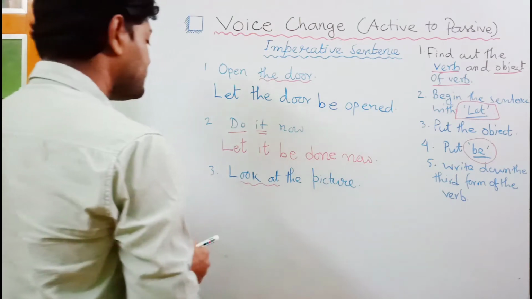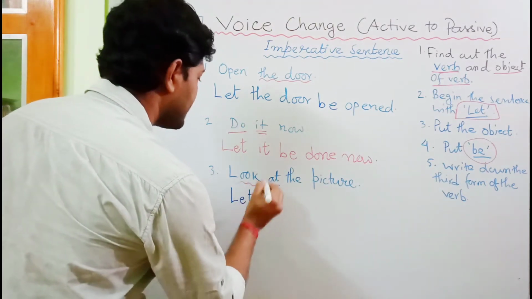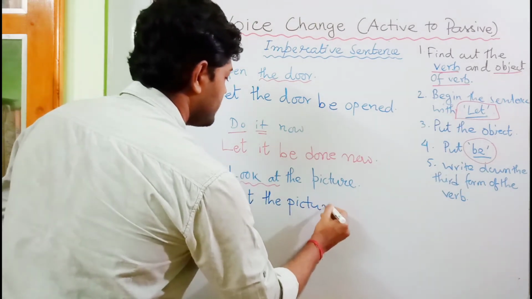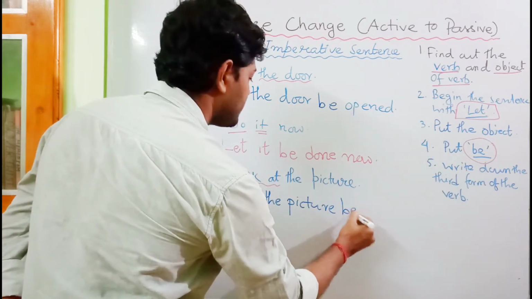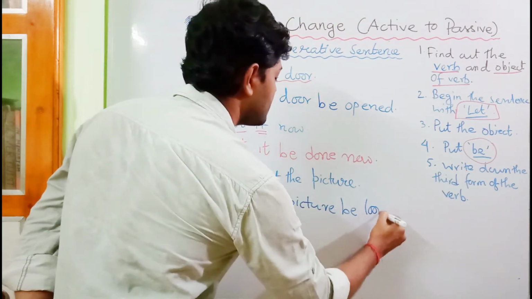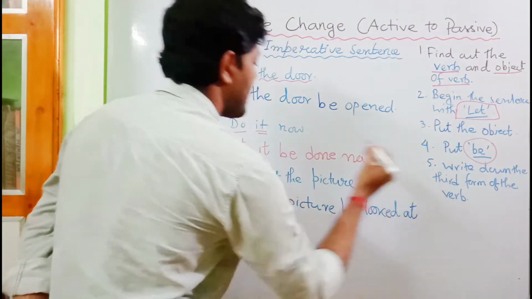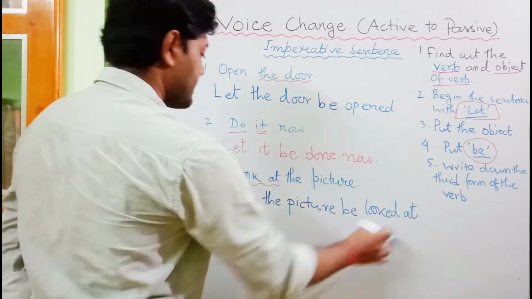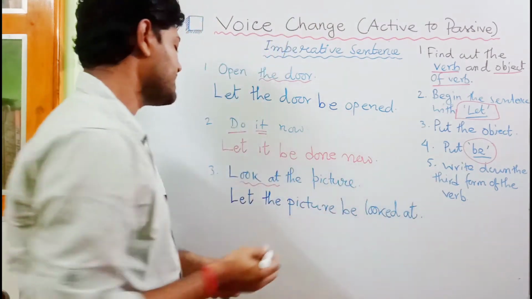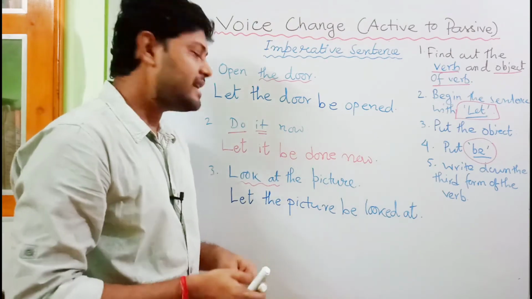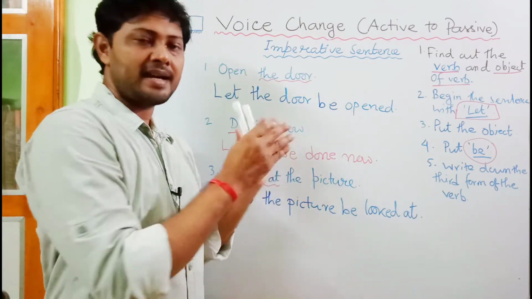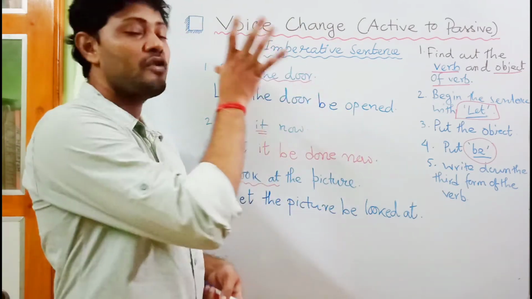So we have to begin the sentence with let, then the object, after that put be, then the third form of the verb. What is the third form of look? It is looked at. So the full verb is looked at. Let the picture be looked at. So in this way we can change an imperative sentence from active voice to passive voice. So this is the first method.